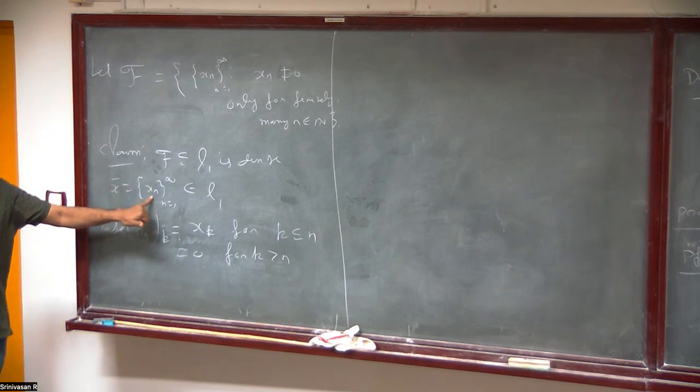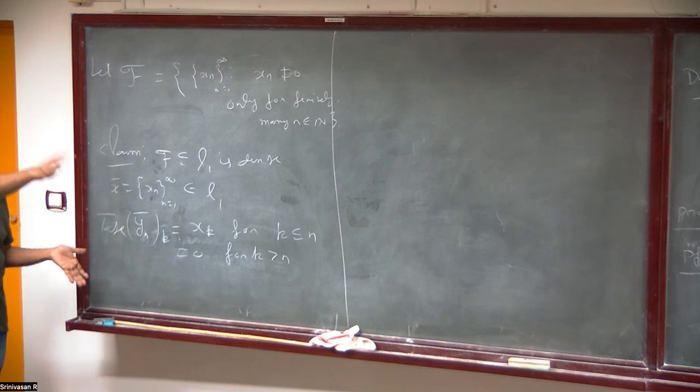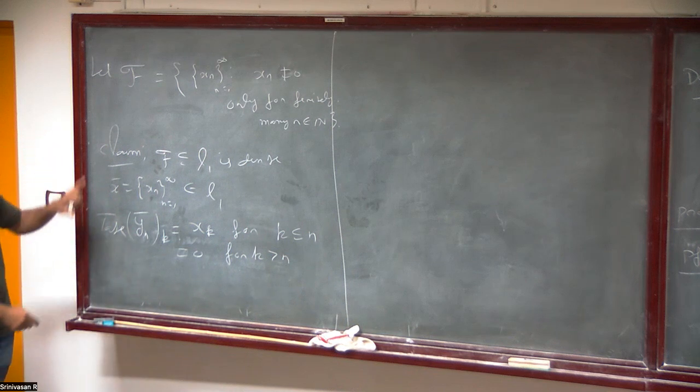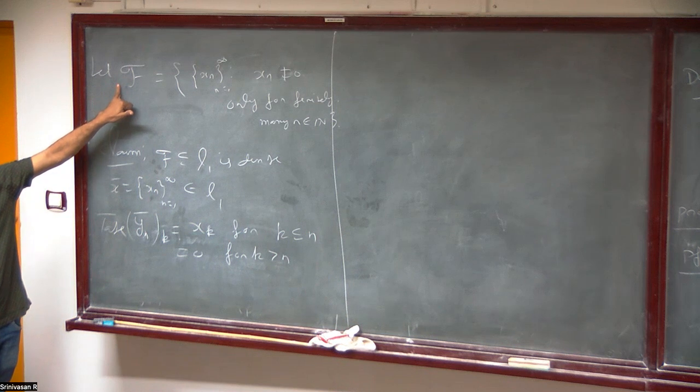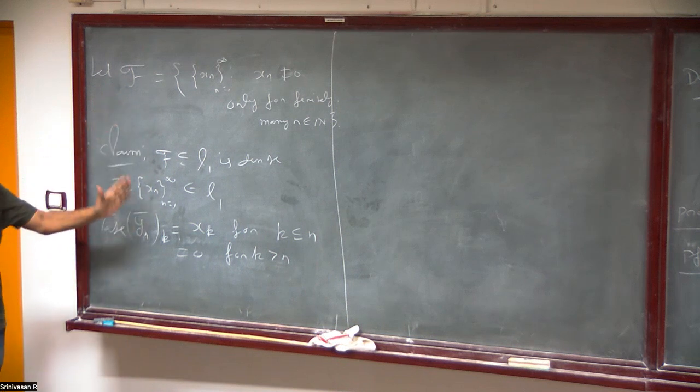I am just truncating the sequence at n; after that it is 0. That forms a new sequence in this subspace. Then I have to prove that that converges to that.